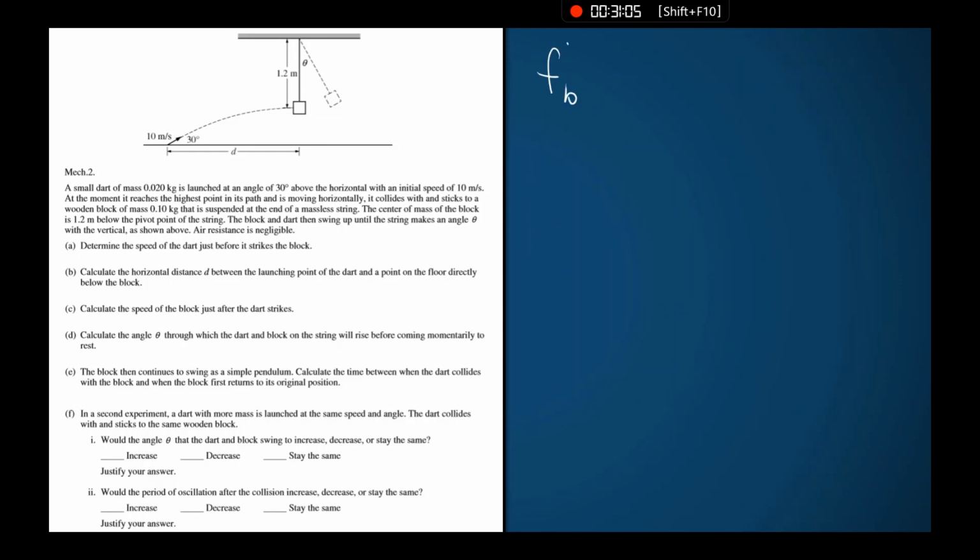Part B: would the period of oscillation increase, decrease, or stay the same? Okay, you're right. Why?